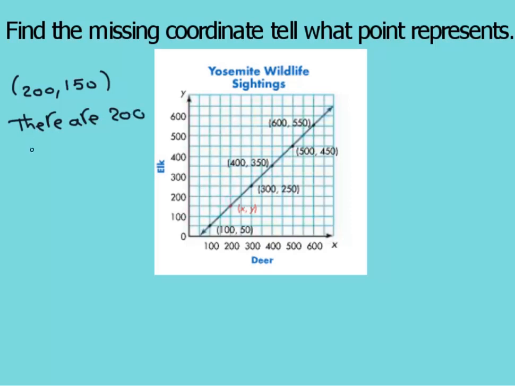This is the number of deer, this is the number of elk. So there are 200 deer, and there are 150 elk.